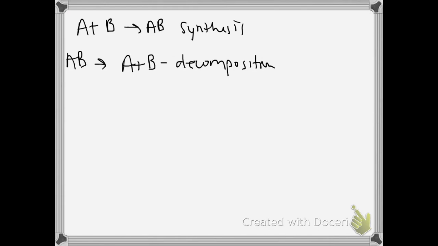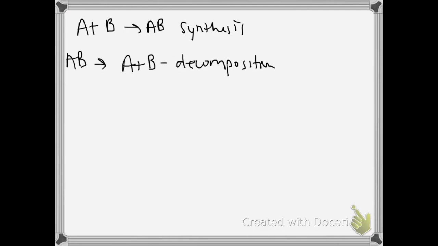In our body, we mostly have these synthesis and decomp reactions, right? So we're building things up. Those are our anabolic reactions, our synthesis reactions. Or we're breaking things down in digestion and whatnot. Those are decomposition reactions. Okay.